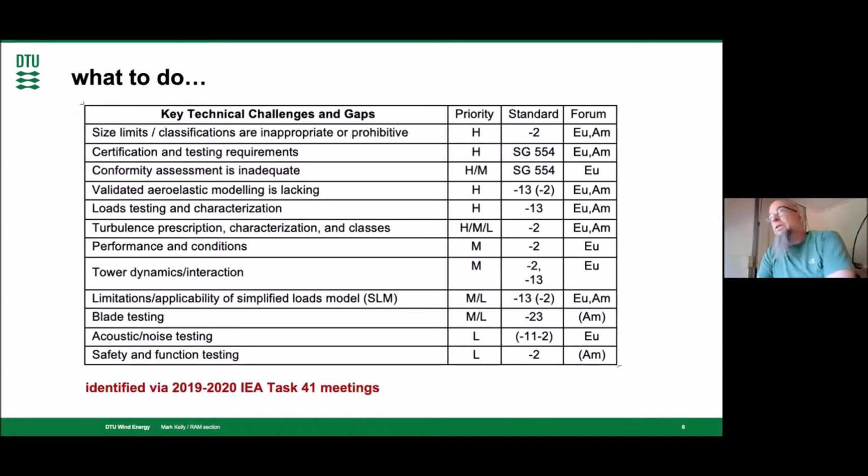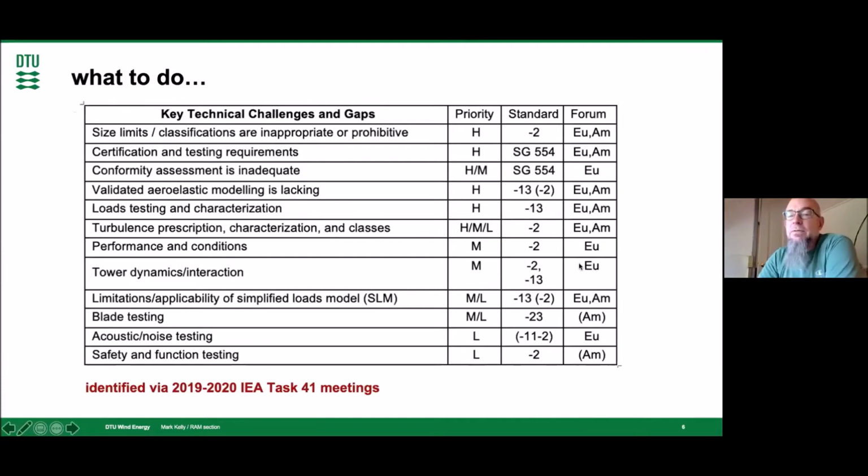All of these things were put into the report that I showed at the beginning. The first slide I showed was an opening page from the report that includes this table summarizing these key challenges with their priorities, as well as the different standards. Because the numbers are so long, I've just dropped the IEC 61400, so -2.